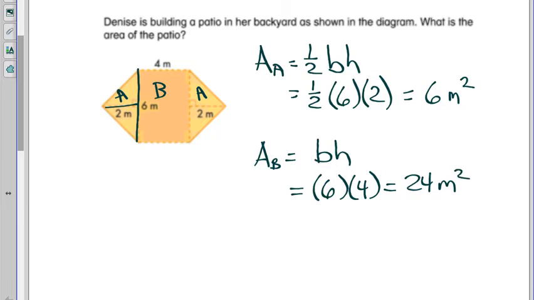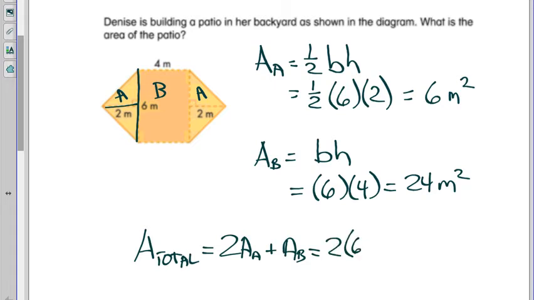And now I need to combine everything. So for my total area, when I recompose it, put it right back together, I need two area A's, and I need an area B. So I need 2 times 6 plus 24, which is 12, plus 24, which is 36 square meters, or meters squared.